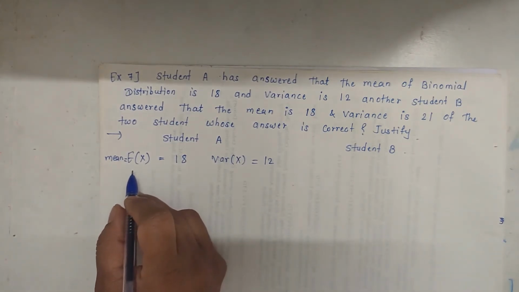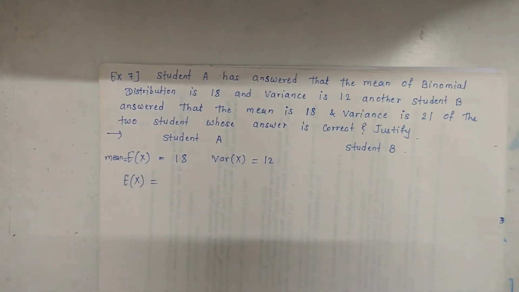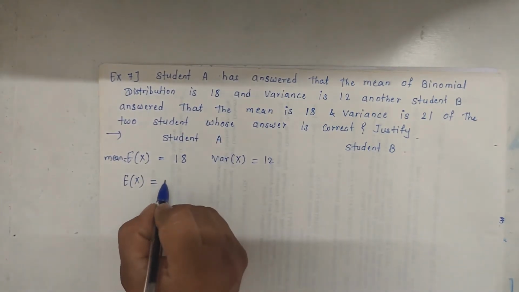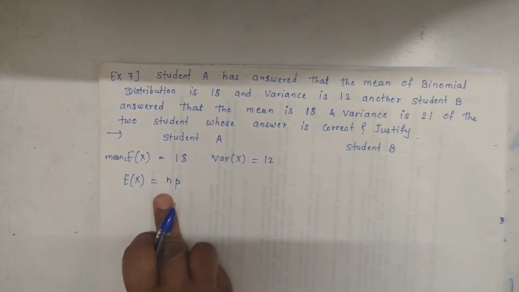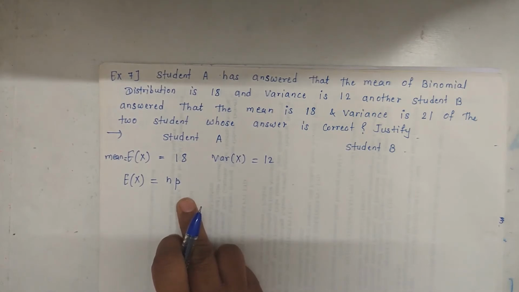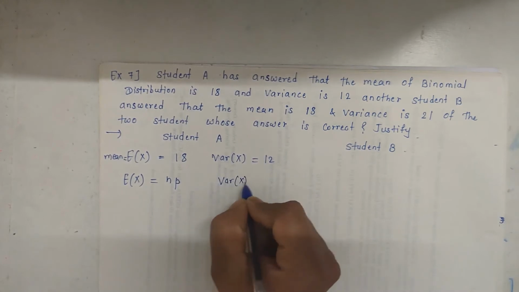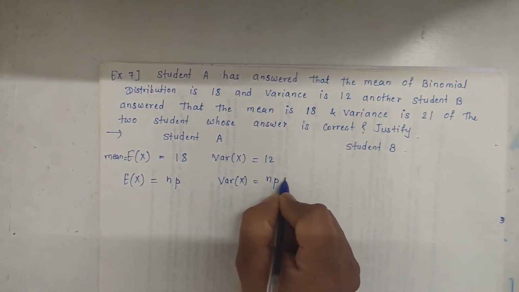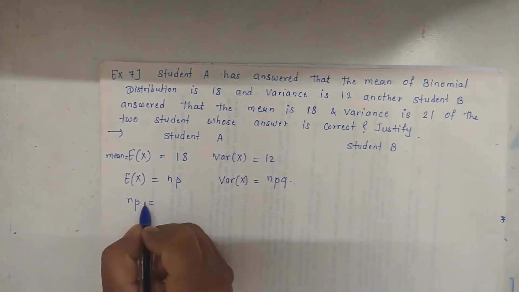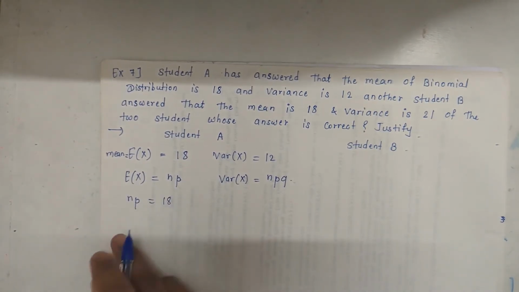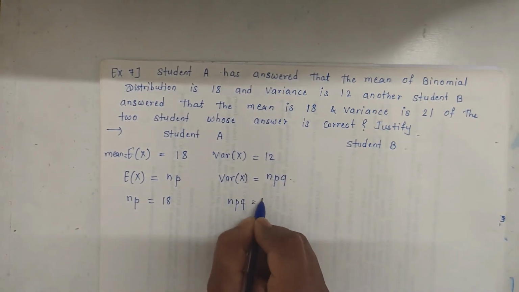We know that the mean of a binomial distribution is equal to n into p, where n is the number of trials and p is the probability of success. And also the variance of x is given by n into p into q. Here the value of the mean is given as 18, that is np is equal to 18, and variance of x, that is npq, is equal to 12.